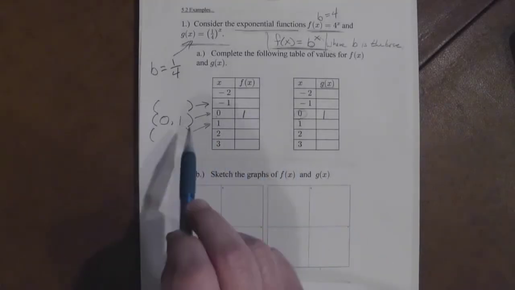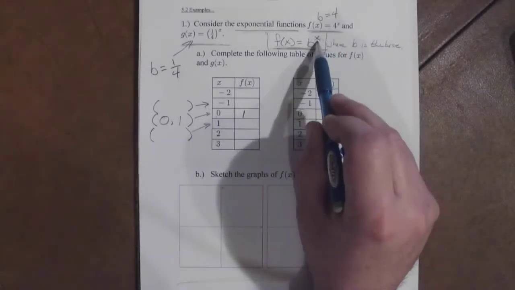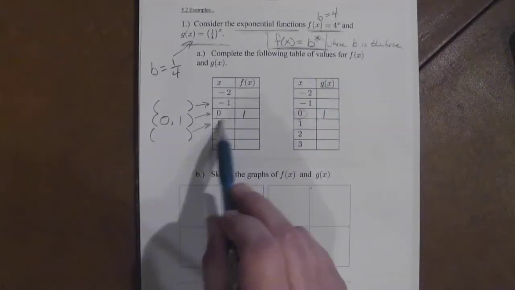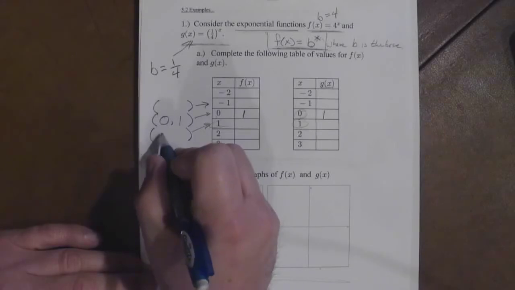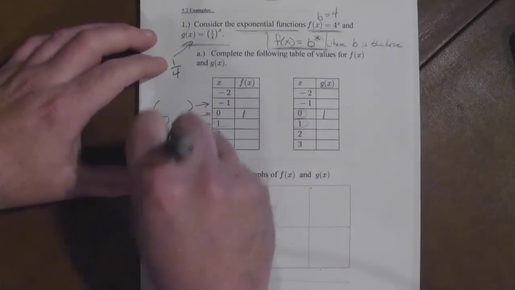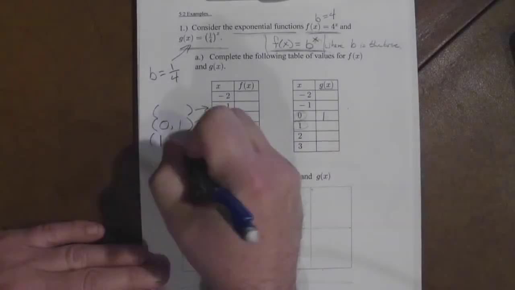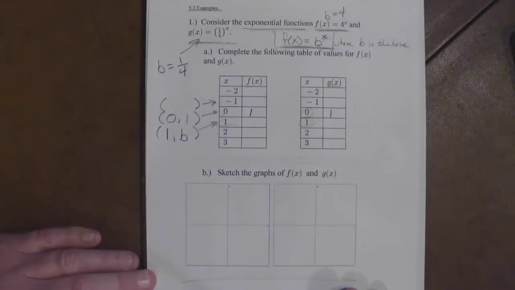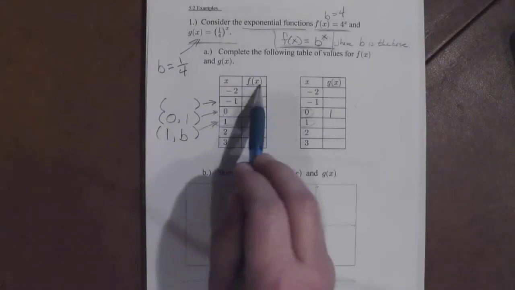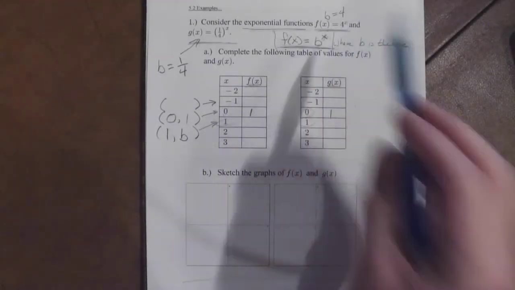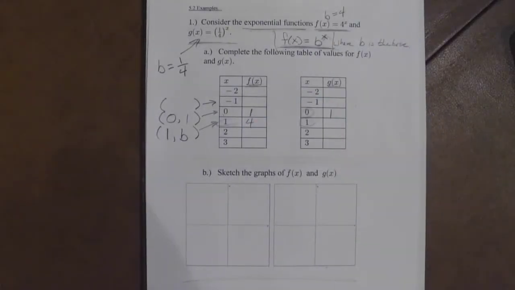All right? As for the other points we point out, if I was to make the x value 1 up here, if I was to consider the case for x equal to 1 in either case, that will always correspond to the coordinate 1, b in value, right? Whatever happens to be the base for this function f of x, that would be 4, would be what we would have happen at an x value of 1.